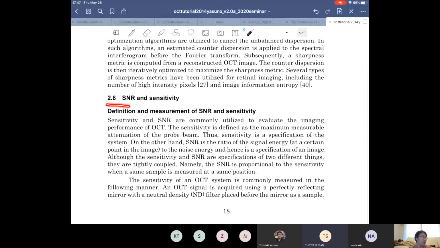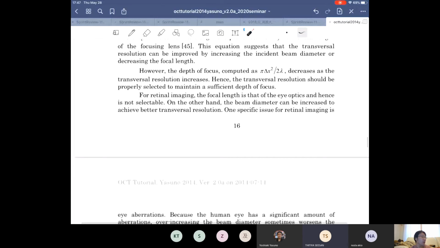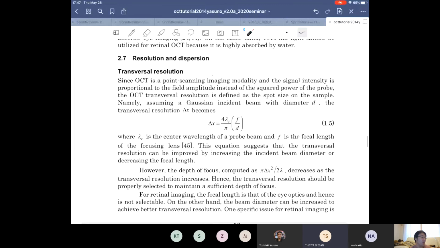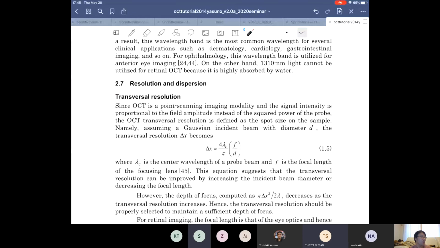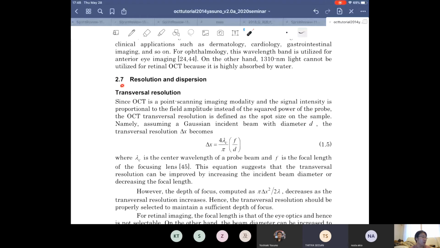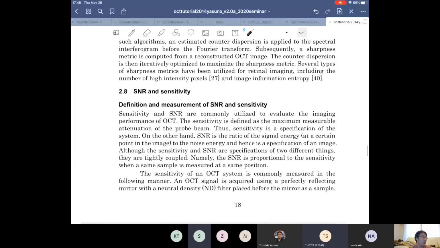And SNR sensitivity is fun, but a little bit complicated, and very important. So I would like all of you to read this textbook by yourself before we do the seminar, especially sections 2.7 and 2.8.